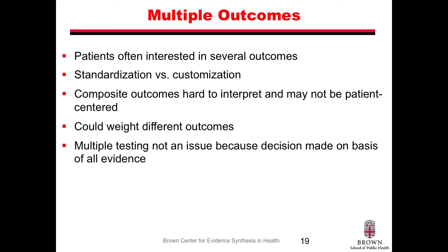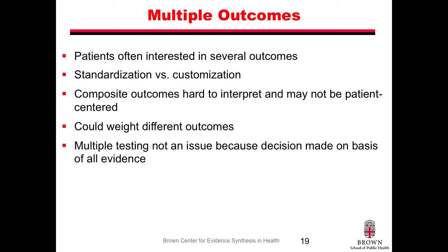And so one way that we typically deal with this in a clinical trial is we create composite outcomes, right? We put the outcomes together and we come up with some sort of average of their results. So the problem, of course, with composite outcomes is while they simplify the analysis because you've only got one outcome, they also have an implicit weighting to them.